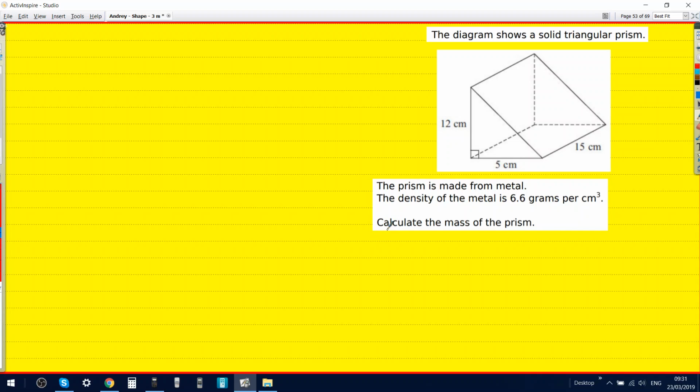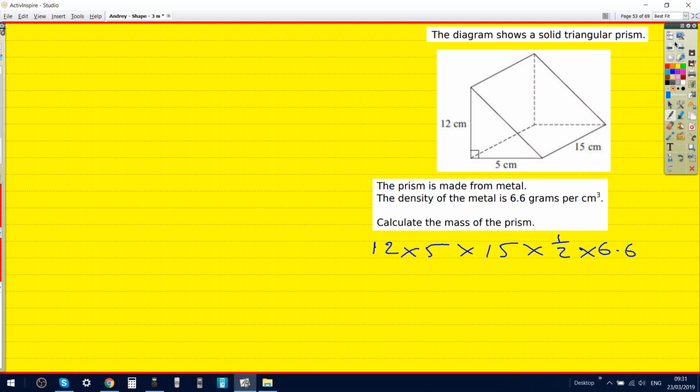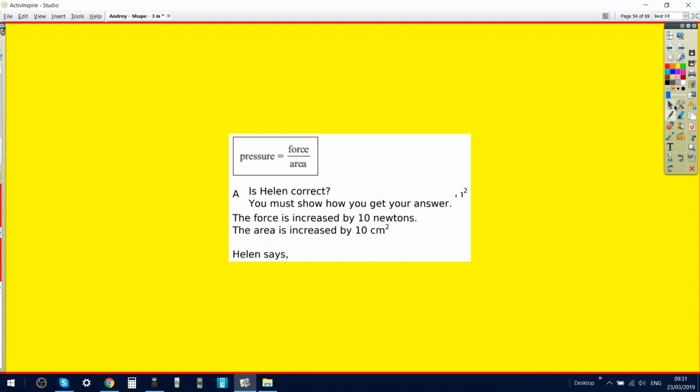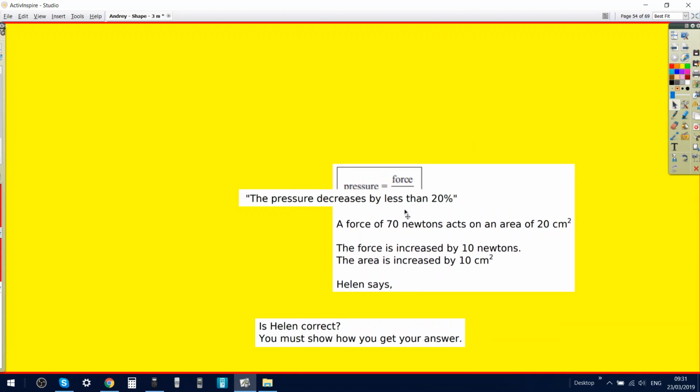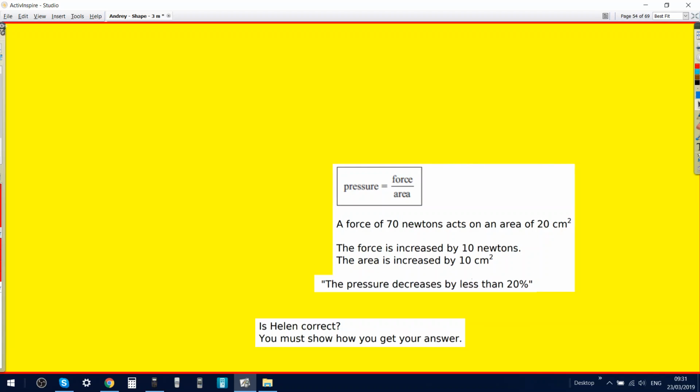It's a triangular prism. Do I need to times everything together and divide it by 2? Yeah. Okay. 12 times 5 times 15 times a half. And then what's the connection between mass, density, and volume? Mass equals density times volume. Okay, and then just times 6.6. Right, good, not bad. Okay, this one, pressure equals force over area.